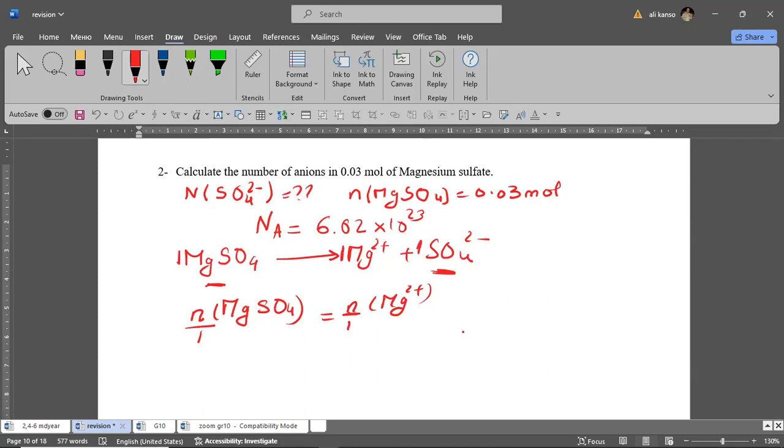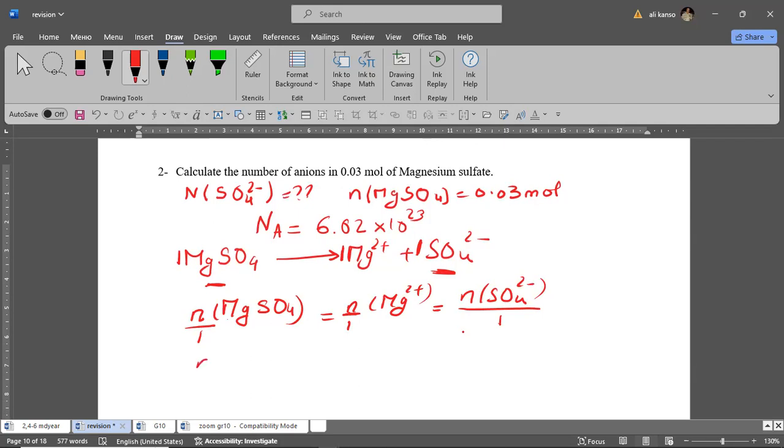It is also equal to the number of moles of sulfate divided by 1. Since we are given 0.03 mole, we can deduce that the number of moles of SO4 is also 0.03 mole.